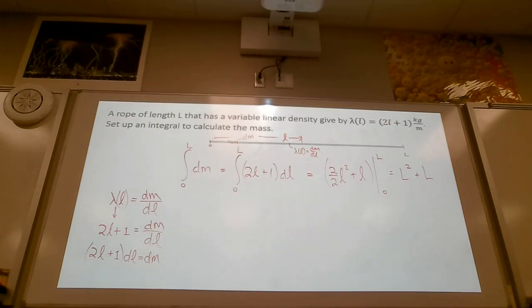I think there should be a unit on this one and then a separate unit. I think this should be kilograms over meters squared, and that's kilograms over meters. So when I plug that in, it's going to end up with kilograms. I didn't paint that very well. This is kind of a more mathy thing. You'll see this on the AP test, this type of thing, and they'll just leave it like that.